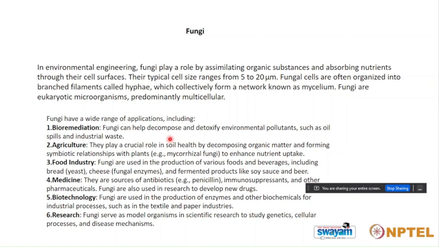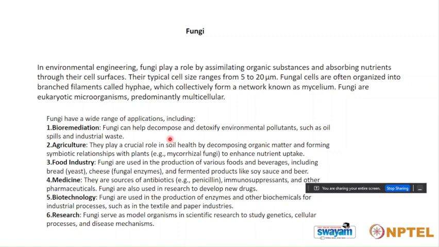For baking also, yeast is used for leavening, for producing bread and other baked items. In medicine, fungi are used for producing antibiotics, immunosuppressants and other pharmaceuticals.